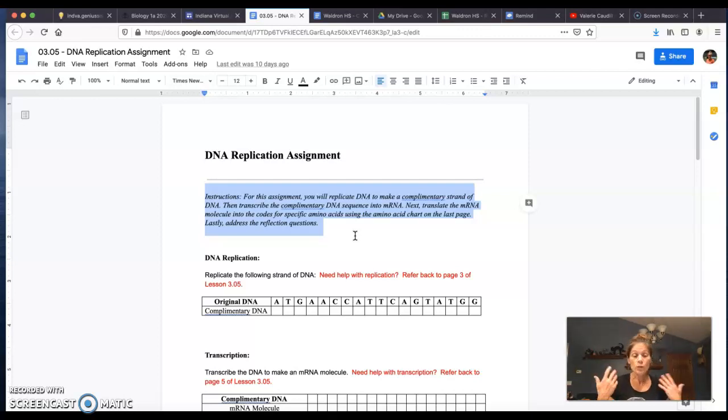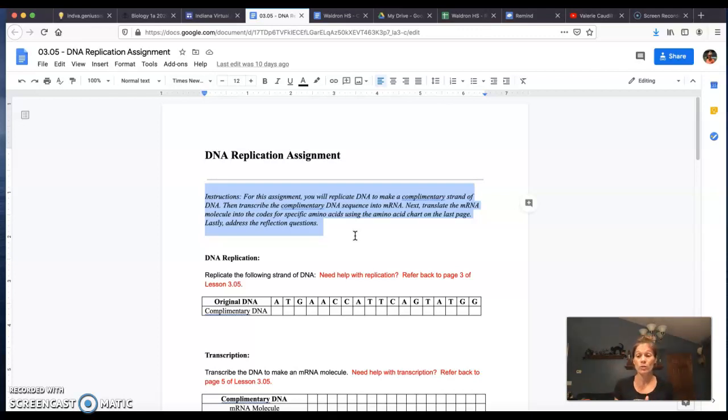Okay, so your whole lesson that you learned about through all of 3.5 was about how DNA is copied in the process of DNA replication. So we copy DNA to DNA. The whole purpose of DNA replication is to make copies of DNA.